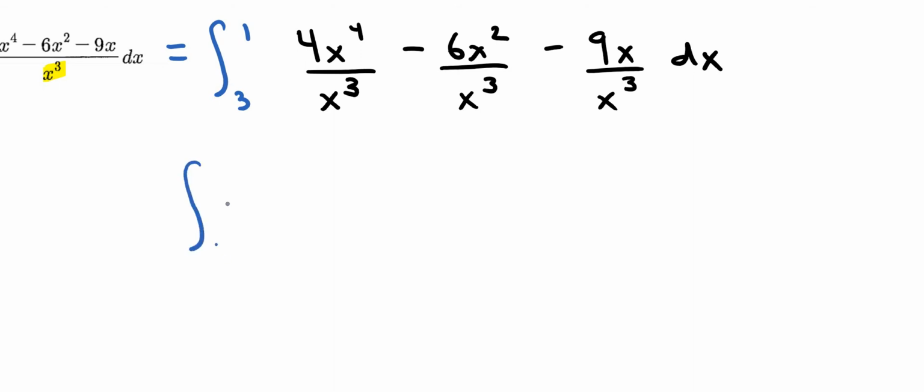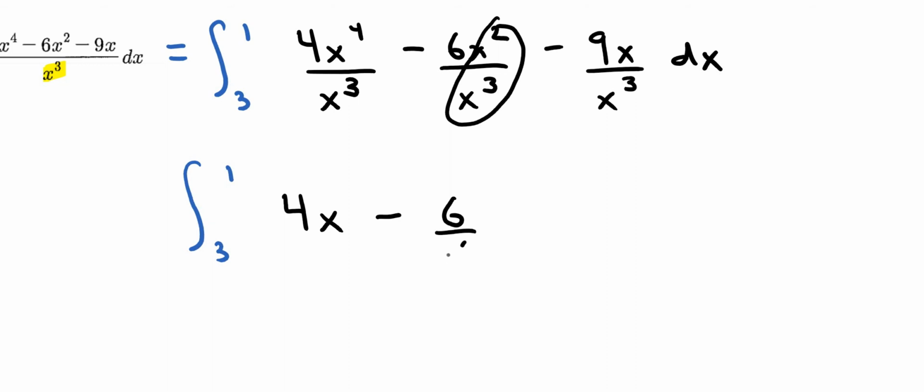So this is the integral from 3 to 1, and then I'm left with 4 times x, minus x squared over x cubed, which will be 6 over x, minus x divided by x cubed, which is the same thing as 9 over x squared, and then that's dx.